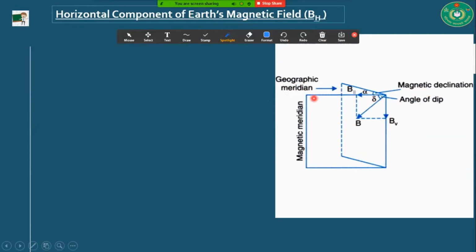This is our horizontal axis, and this is our vertical axis. Along this, the magnetic induction or magnetic field of Earth is divided into two parts, BH and BV. BH is the horizontal magnetic component, and BV is the vertical magnetic component.